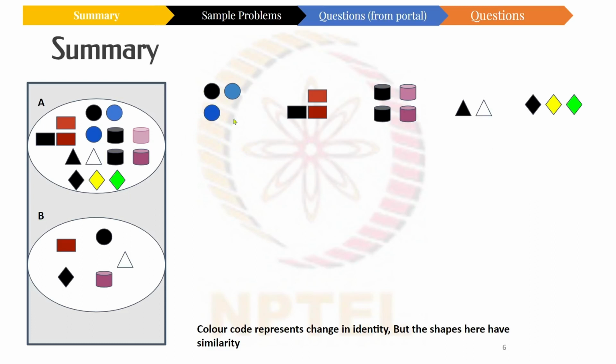Here the grouping is performed based on their similarity among themselves. Here all are circles, all are rectangles, and here all are cylindrical shapes. I have used different color codes to show that these shapes may be similar, but they lack some identity among themselves. That is, they are similar, not identical.